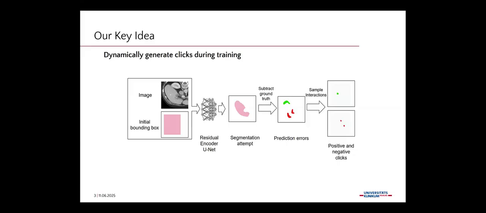Because we trained with limited resources on a single GPU, we did not backpropagate through both steps. We took the previous predicted segmentation as an input, stopped the gradient, and only backpropagated through the second phase in case we simulated one click.